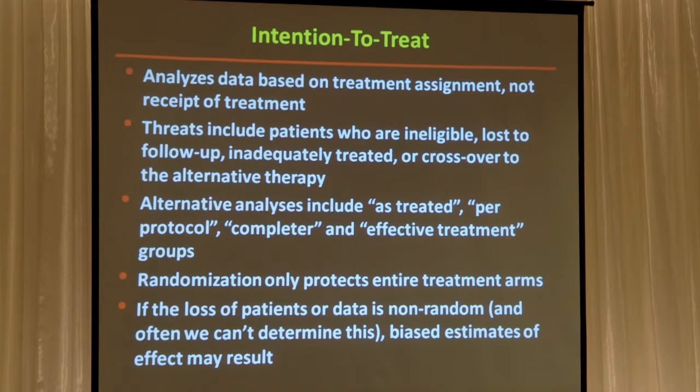How about intention to treat? Why is that important? We've had a little discussion about this, and it is galling, I agree, that as clinicians who do clinical trials to improve patient care, it is really upsetting in a way to say, well, the patient didn't get the treatment.